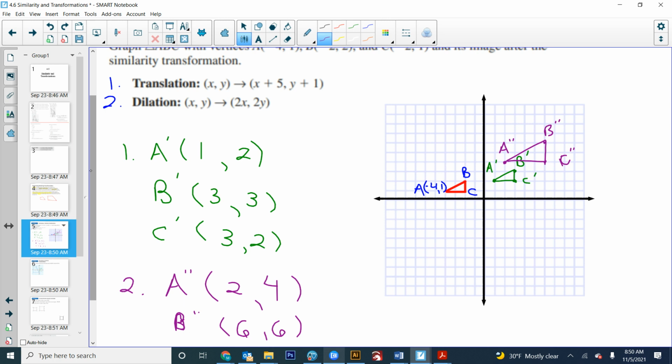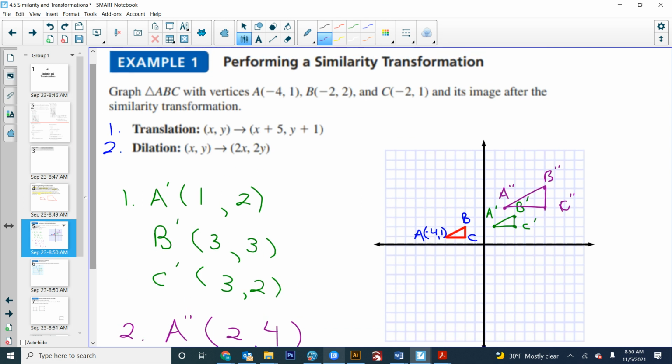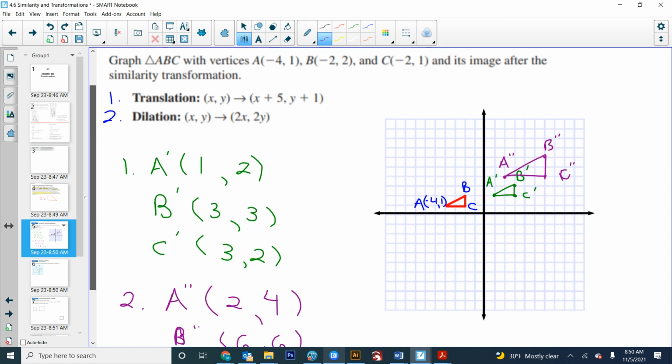Let's make sure we answer all the questions. Graph the original and its image after the similarity transformation. On the last quiz, I graphed all 3 parts, because you had the original, a second transformation, and a third transformation.